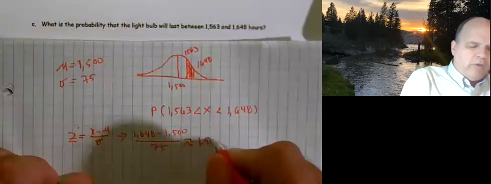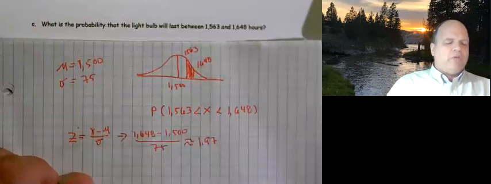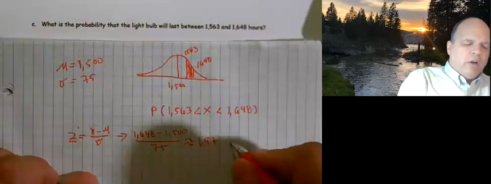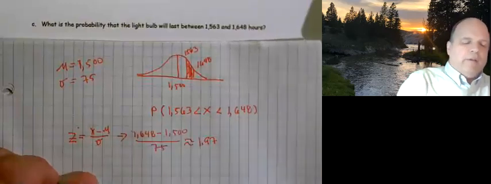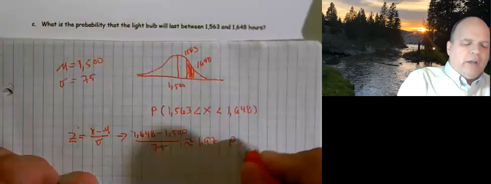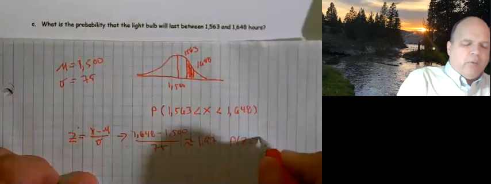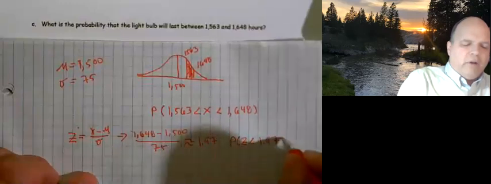The table is only good to two decimal places for z-scores. Remember, it's working left to right, so this is the probability that z is less than 1.97.